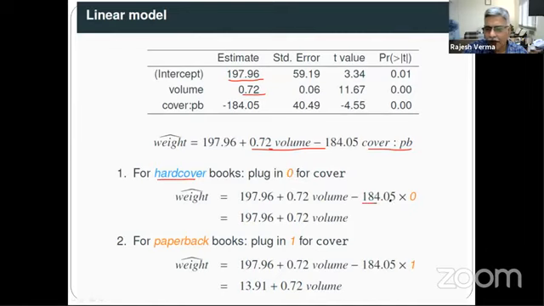Then this term will become 0, and the weight will be only 197.96 plus 0.72 into volume. But if the paperback cover is there, then you will write 1 in this place and you will subtract 184.05 from the weight. So then finally we will have 13.91 plus 0.72 multiplied by volume, giving you the weight.